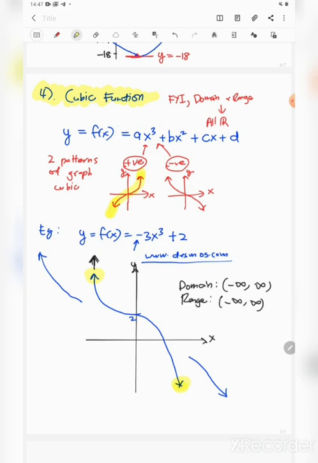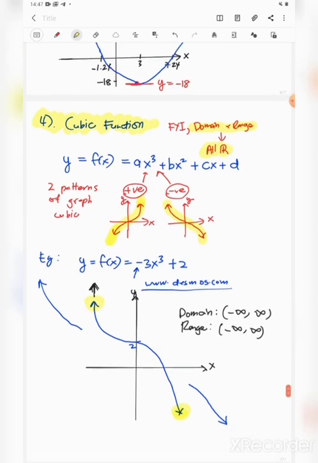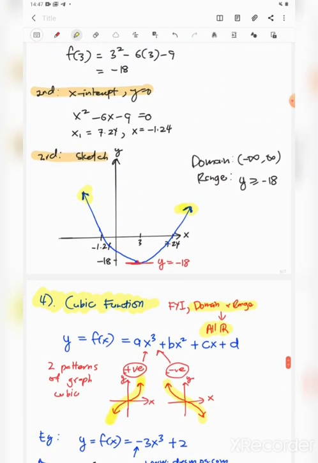That's why the domain is all R. Same goes for the range. The graph will always point up and point down. So for the cubic function, the domain and range are always all R. This is very simple compared to the other functions that we discussed just now.